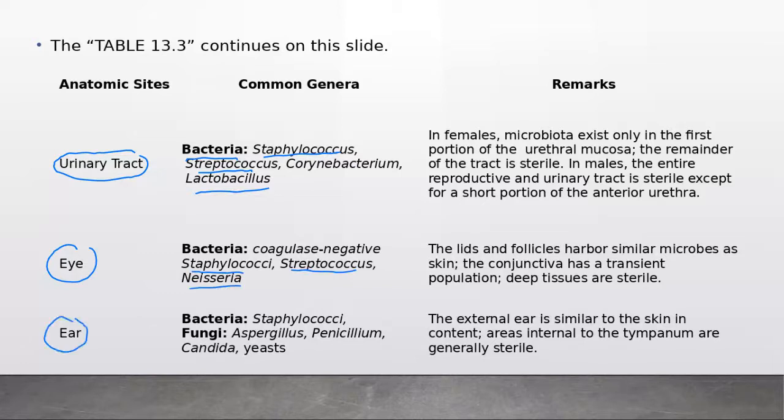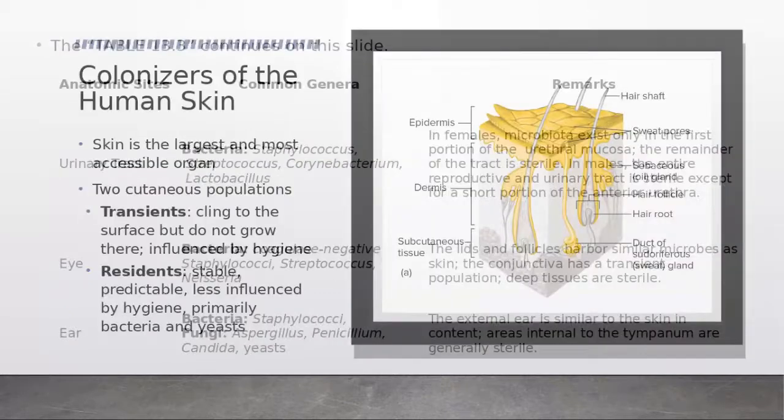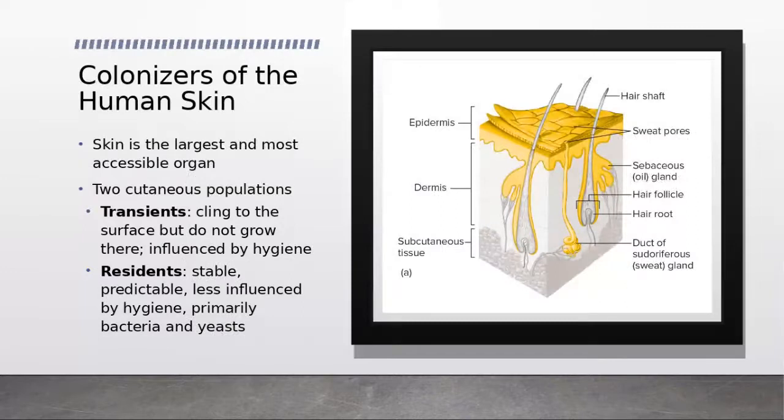And the ear, of course, this should be the outer ear, because the inner ear and the middle ear should be sterile. The one that lives in the outer ear is mostly Staphylococcus bacteria. For fungi, sometimes Aspergillus, Penicillium, Candida, and yeast. So these are the sites where normal flora usually live.